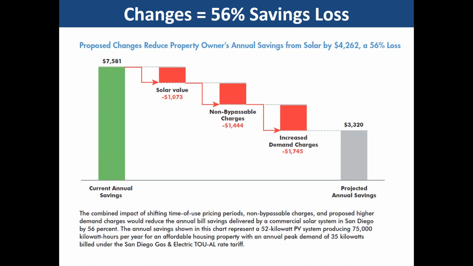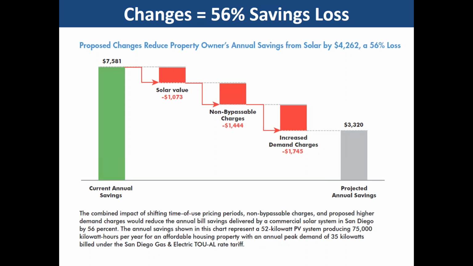And then the biggest change happened because of this increase in demand charges, because more of the cost comes from demand. Solar is not very good at decreasing demand charges because it can't consistently do that throughout the month. So this increase in demand charges resulted in a $1,700 loss in solar value. It's about a 23% loss of value.